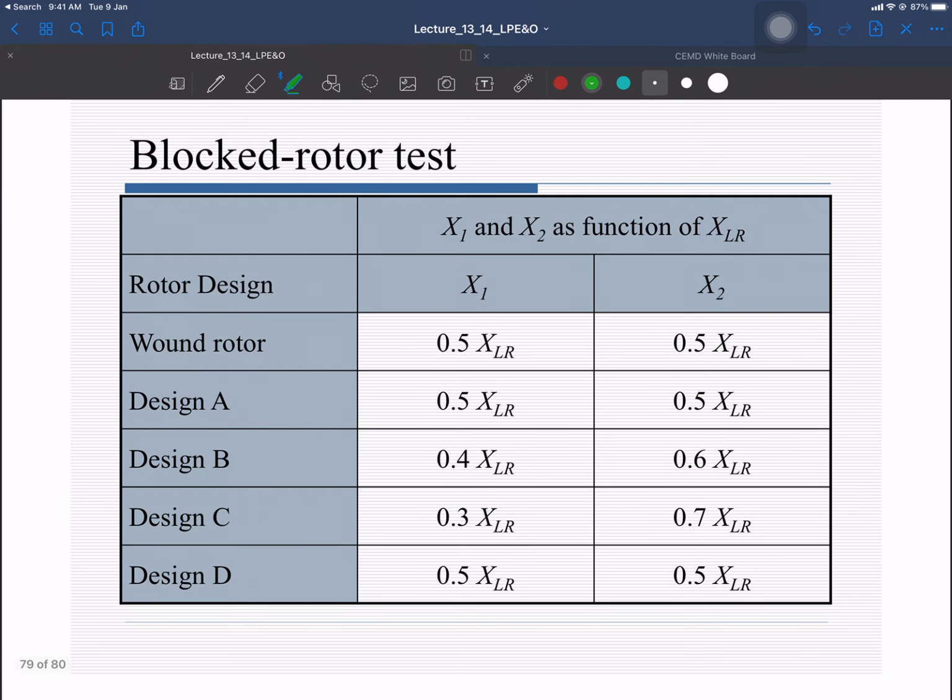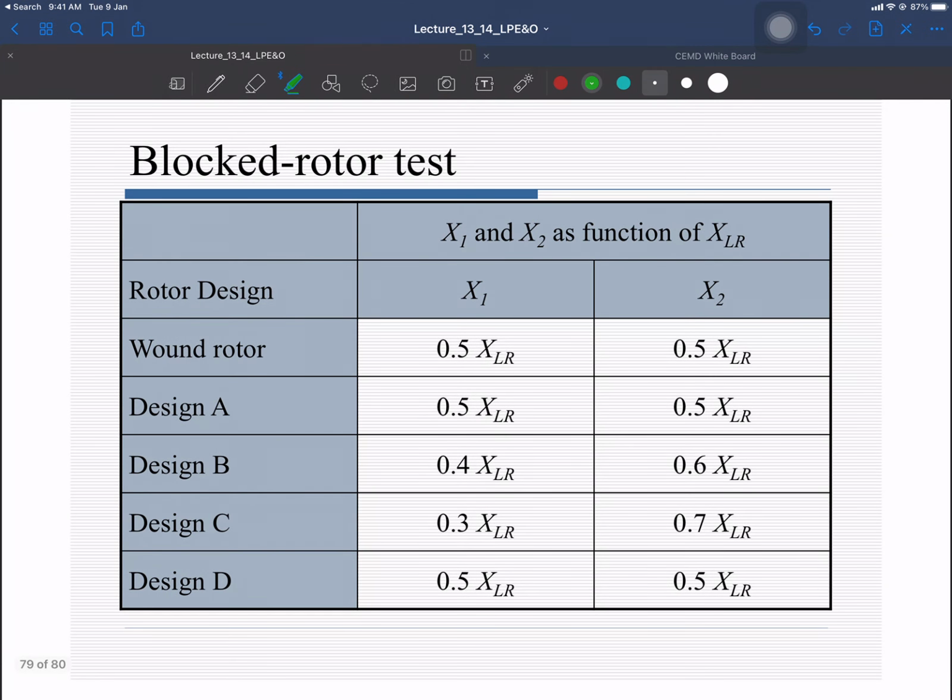Okay, so now different tables are used, but over here you can see a table that is relating X1 and X2 for different types of machines. For wound rotor type machines, X1 is considered half of this X LR. For design A, 0.5 into X LR and 0.5 into X LR, X1 and X2. For design B machines, X1 is considered as 40% of that one and X2 is considered as 60%.